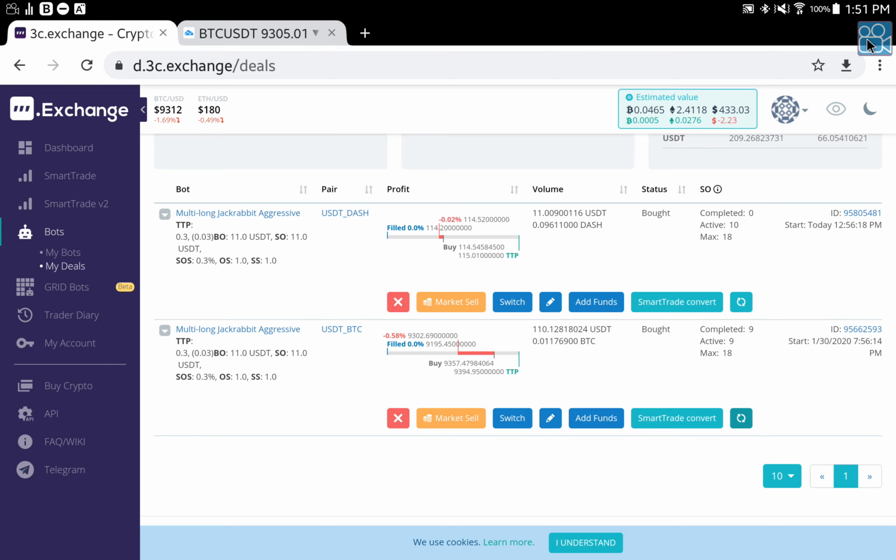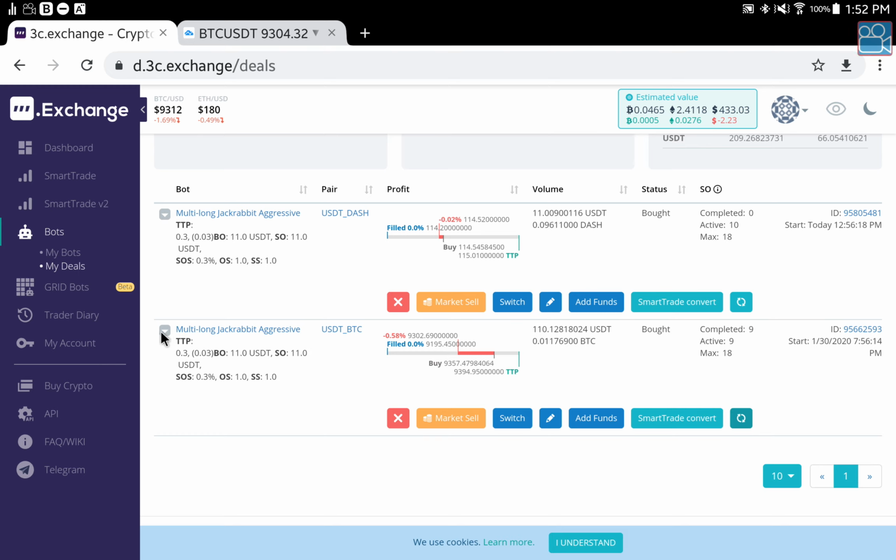Today I'm going to do an update on my aggressive methodology using Jackrabbit. We are looking at my 3 Binance Trader deals page, and I'm also going to talk about one of the gotchas, if you will, with this strategy.